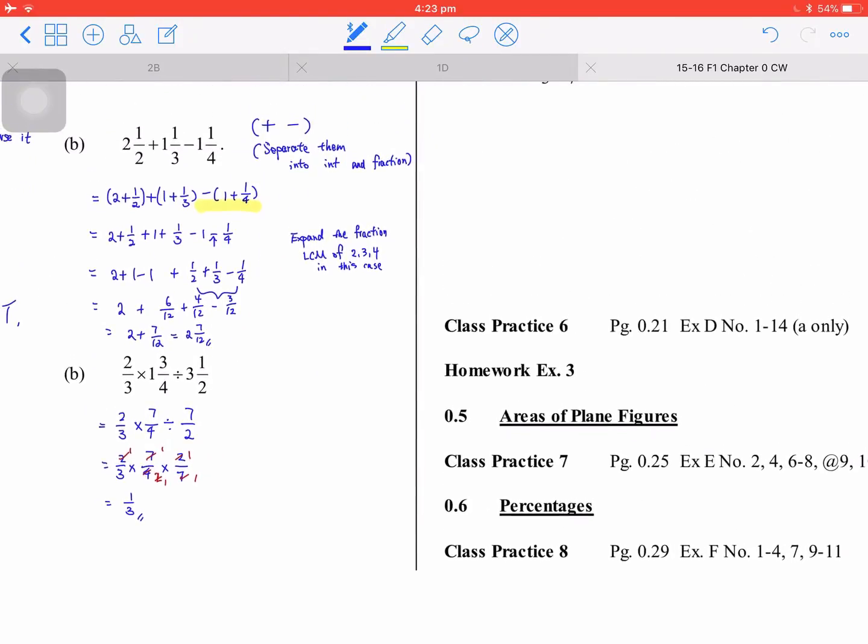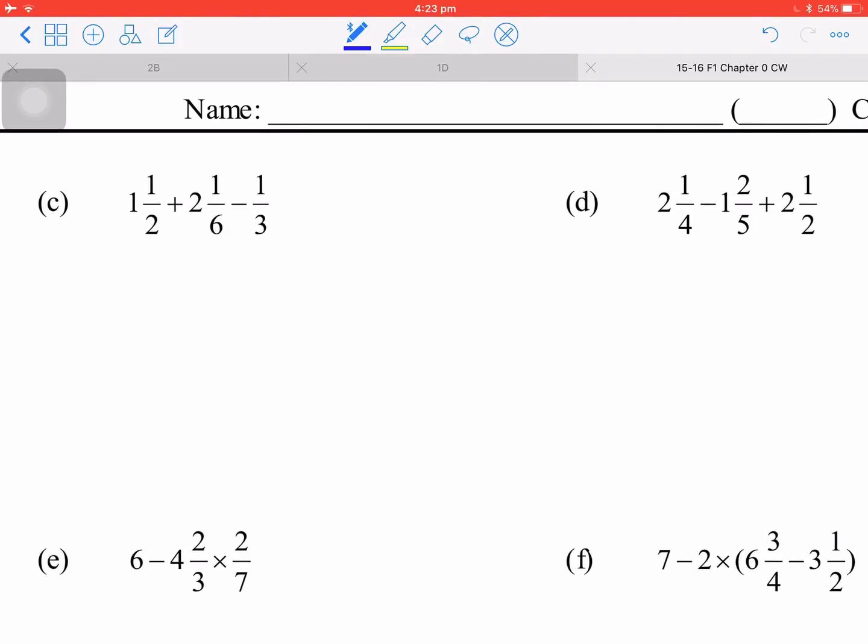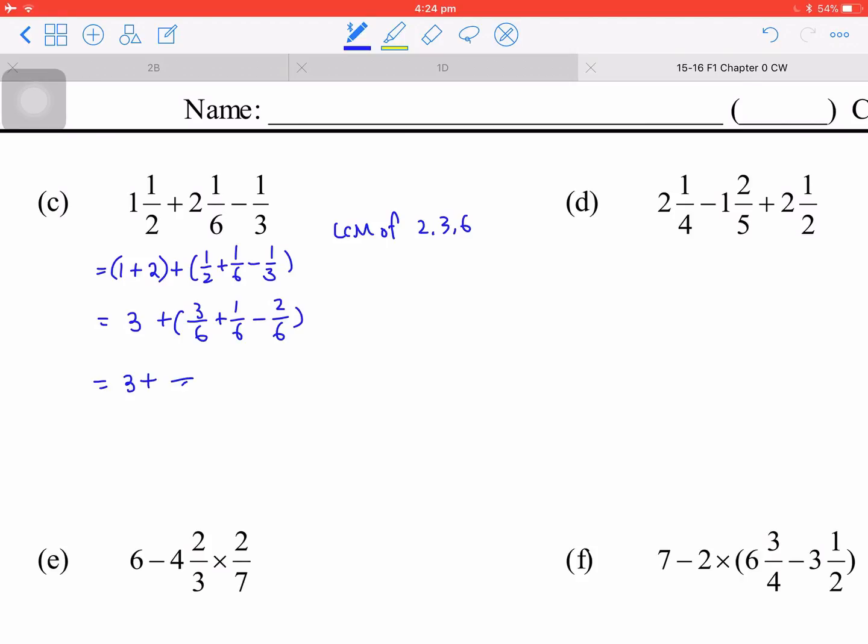Next question on this side, again, you have to separate them into integer and fraction, and then find the LCM in this case of 2, 3, and 6, as that is the denominator of the fractions. So you have 6, 3 plus 6, 1 here, and minus 6, 2. So you have 3 plus 4/6 minus 2. So actually you have 3 and 1/3.